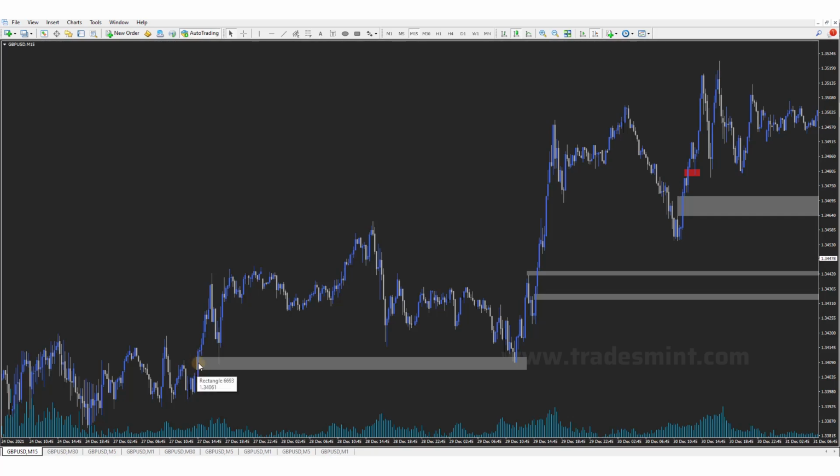So it means that only buyers were here in this part of the candle. And what is important, I definitely prefer to mark the imbalances, the imbalance pools, at the beginning of the wave, not in the middle or at the end, just in the beginning when there was the first opportunity.